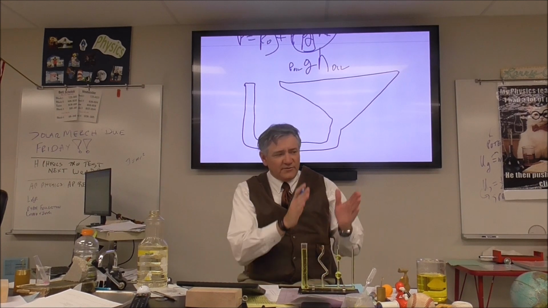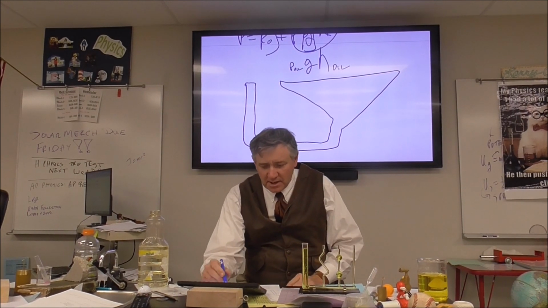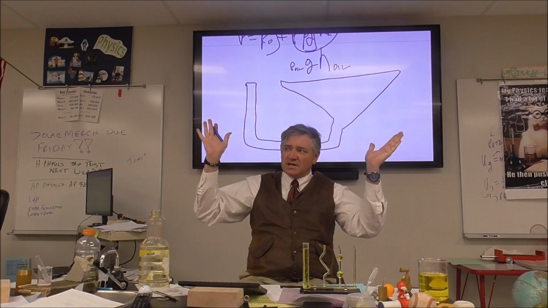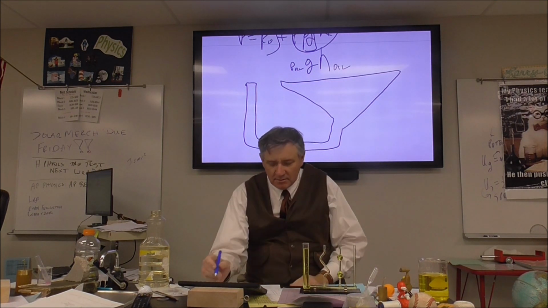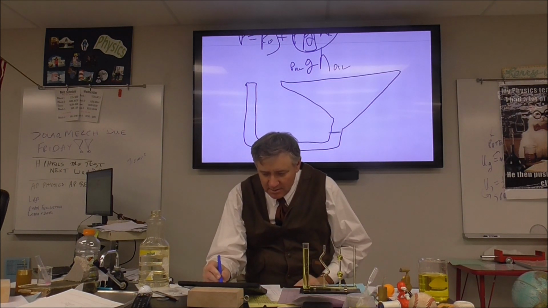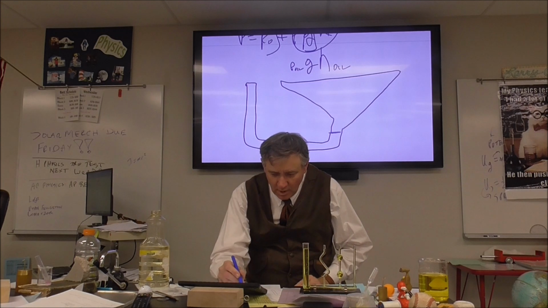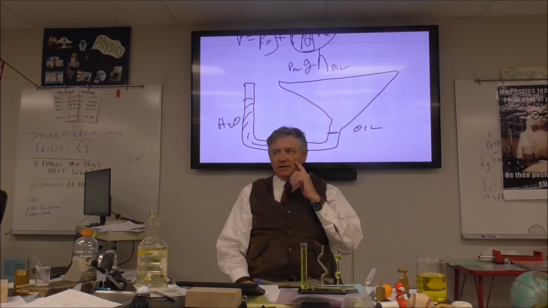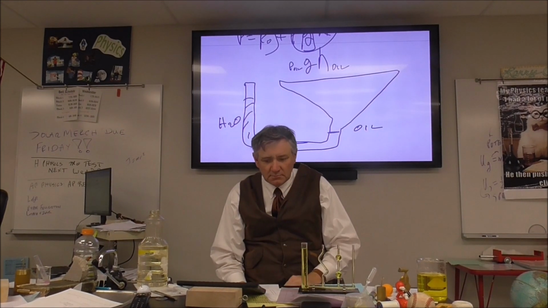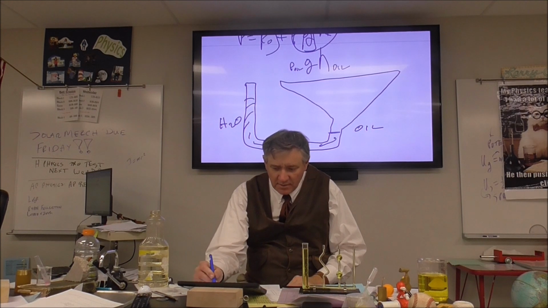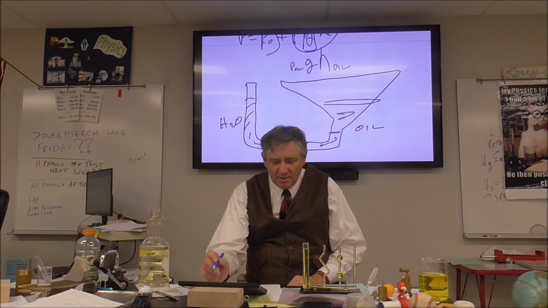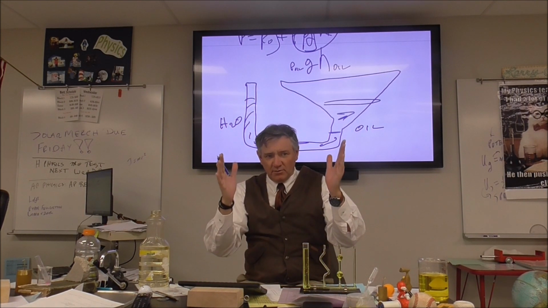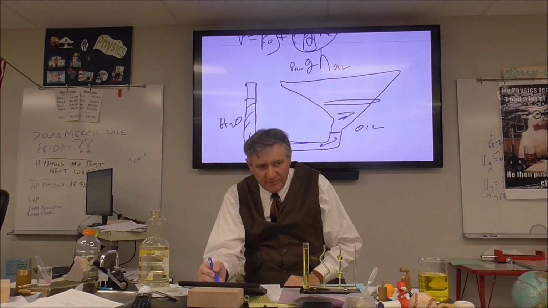So what if I did this? What if, instead of being symmetrical, I put a big funnel where it flares out like this? It'll still be equal. I've got water on this side and oil on that side, with the oil above that line. So there's water here, and then oil above it. I've got this big funnel that I'm going to fill with oil.